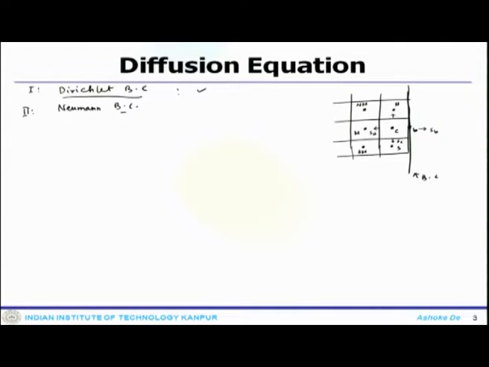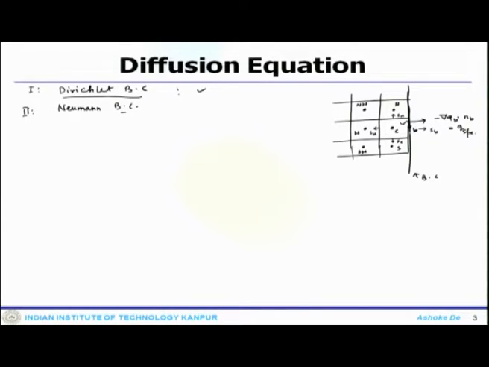SW, SN. Now, the Neumann condition is nothing but the gradient: minus del phi b dot NB equals Q specified. That is the Neumann boundary condition. So, essentially what does that mean? The gradient at that particular face.